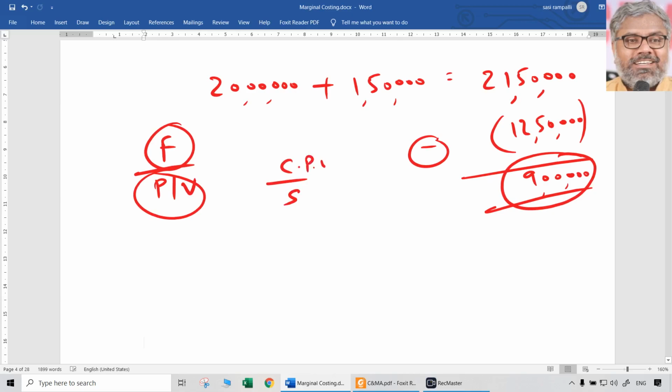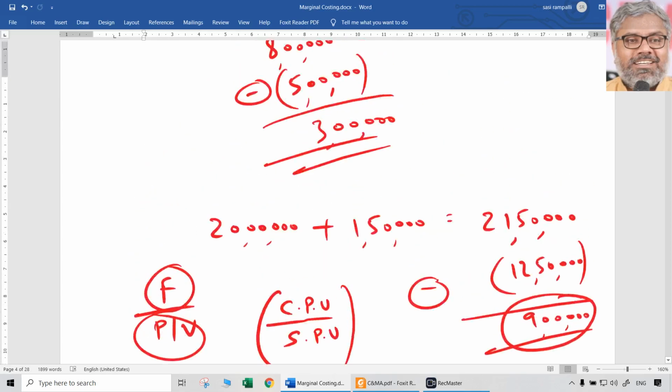Let us say contribution per unit divided by selling price per unit is also PV ratio. Maybe the number of units would have changed, but PV ratio will still remain the same, since selling price remained the same, variable cost per unit remained the same, contribution per unit will remain the same, and selling price per unit in the denominator anyway is same.